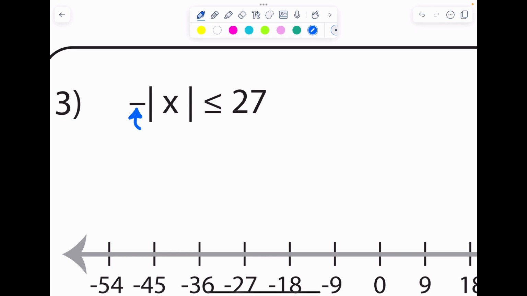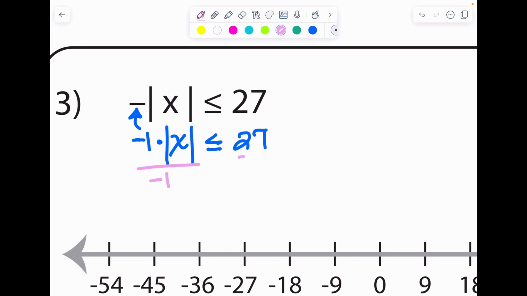This negative means that I'm taking -1 and multiplying it times the absolute value of x. So I am going to isolate it by doing division by -1. That's going to make these disappear, and then I'm going to have the absolute value of x on the left side.